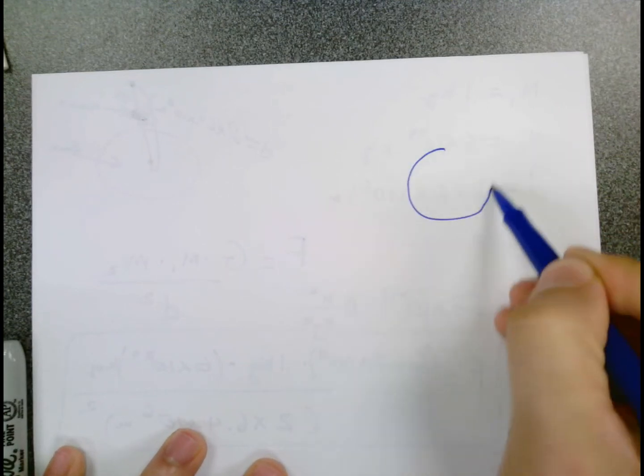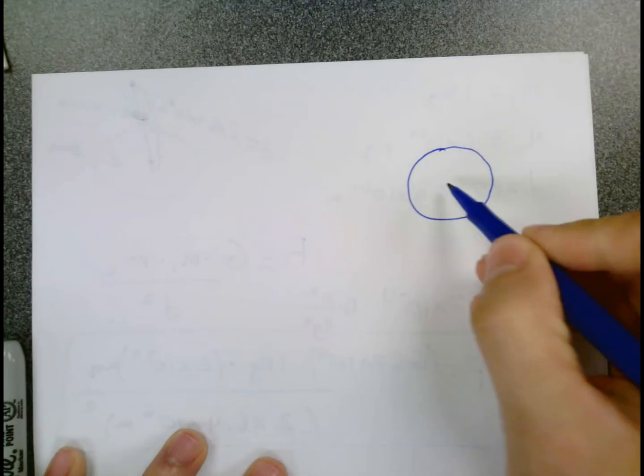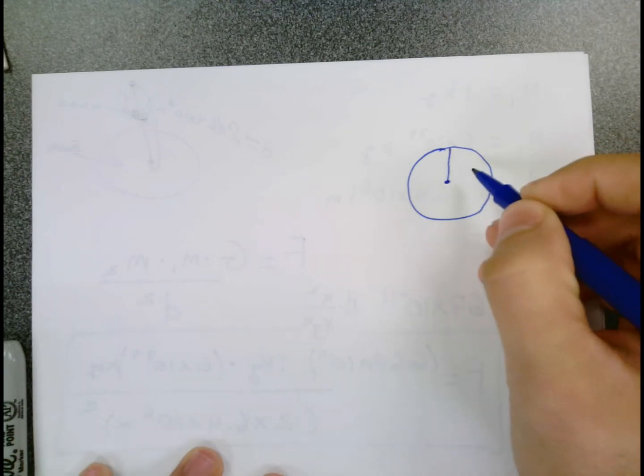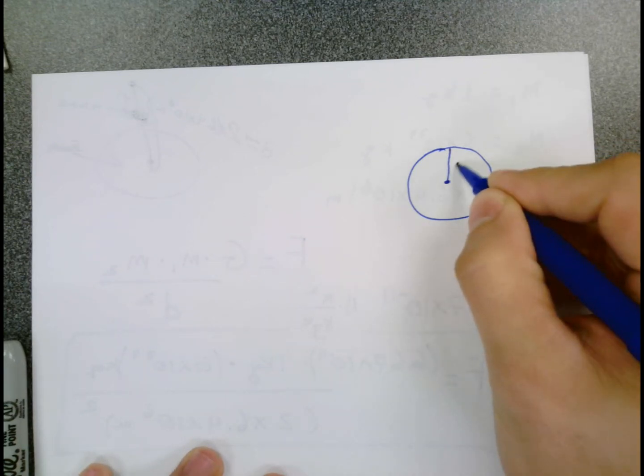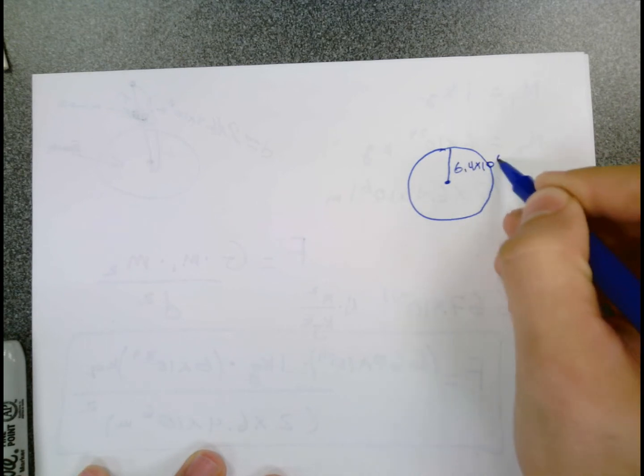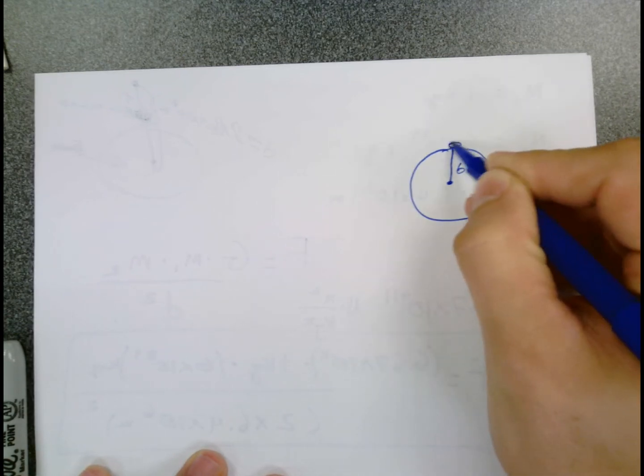If I were to draw a picture, I'd have a picture of the Earth right here. 1 Earth radius is this, and that's, I believe, 6.4 times 10 to the 6 meters. And here's the object.